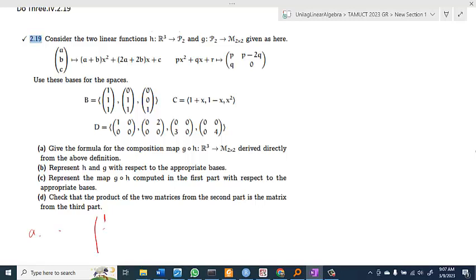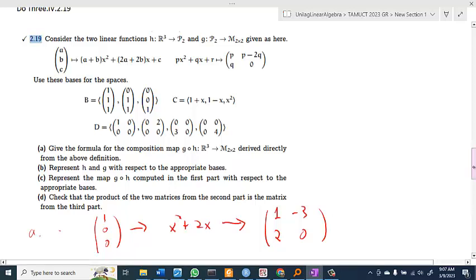So 1, 0, 0 is going to go to x squared plus 2x, which is going to go to, this means that P is 1 and Q is 2, so I have 1, 2, and then this is minus 3. I think I did that right. Let's see, P, Q, I. Well, if I did it wrong, then you can go back and check.